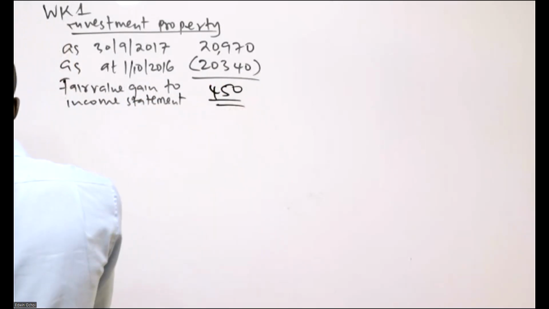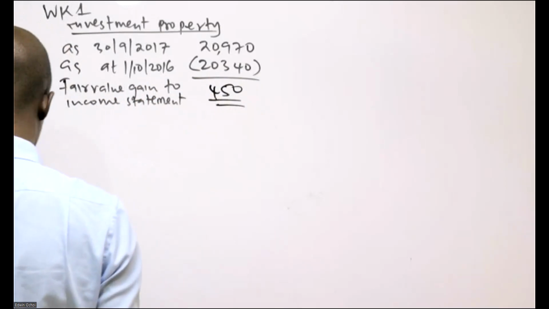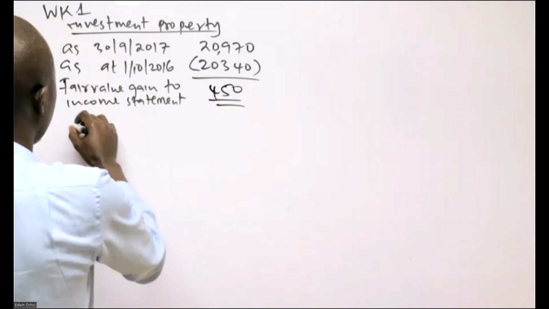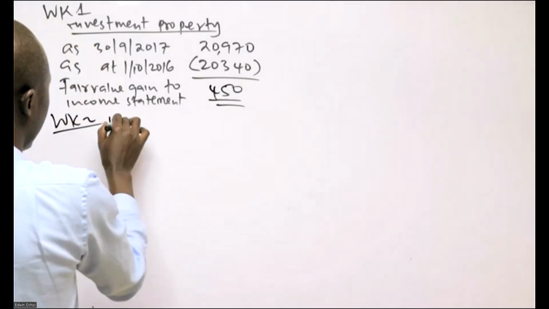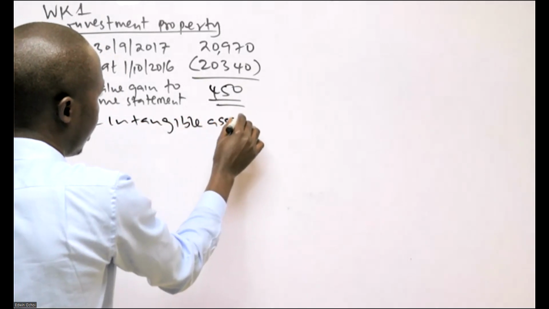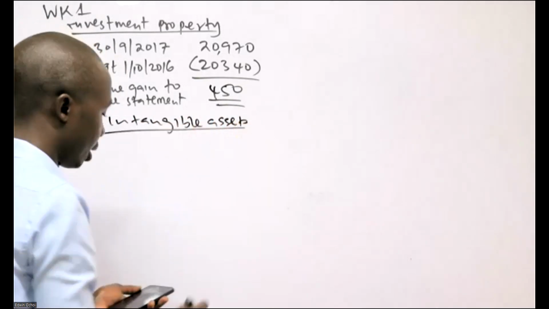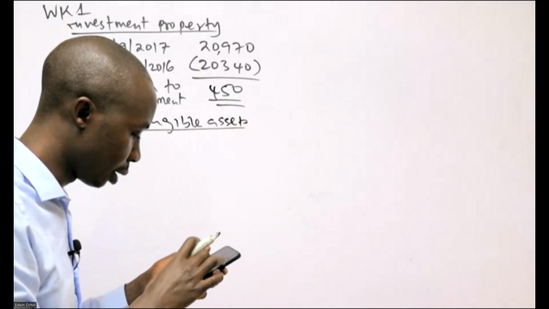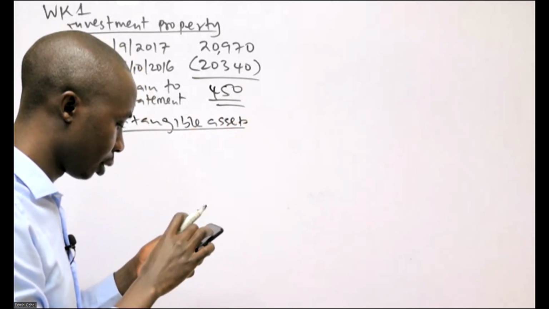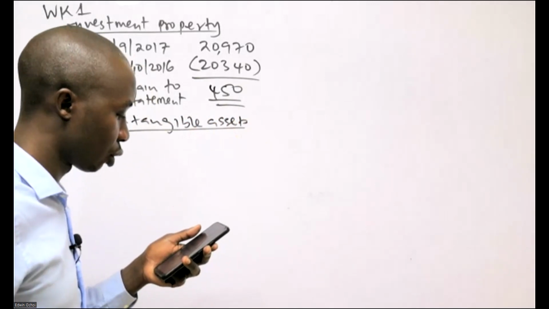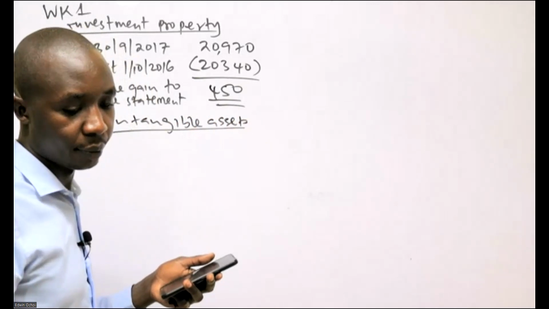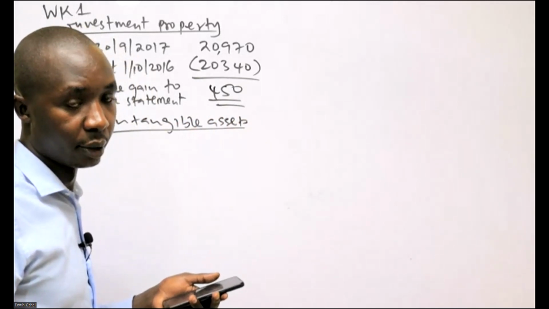Then in additional information number 2, you were told about intangible assets. They said that intangible assets comprise development cost amortized over 5 years.